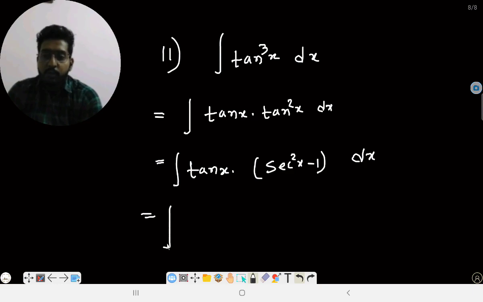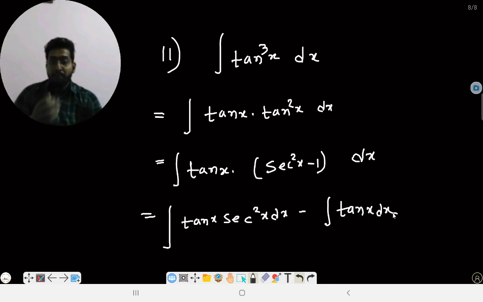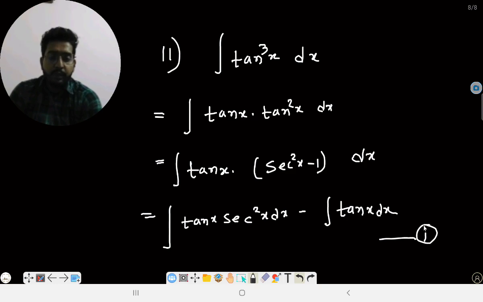Now multiply this one, that will become tan x into sec square x dx minus integration of tan x dx. So there are two parts, and I am taking this as equation 1.